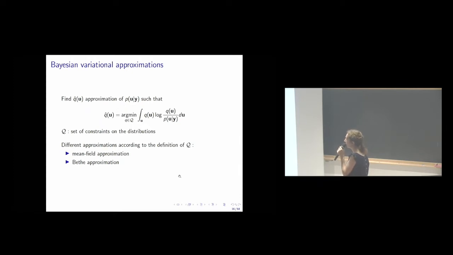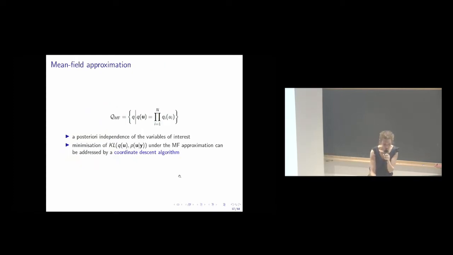But that has no interest actually, because it's difficult to construct. So maybe you can put some restriction over the set of your optimization. There are different approximations according to the definition of Q, and I will present two of them, the mean field approximation and the beta approximation. So let's go to the mean field approximation.